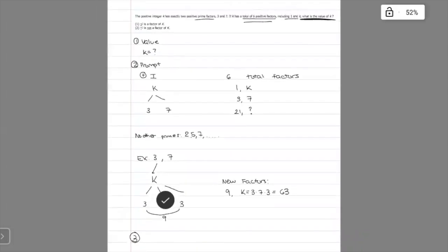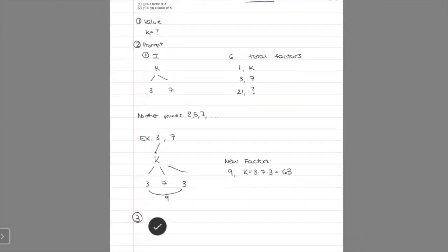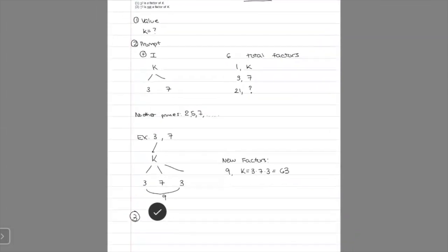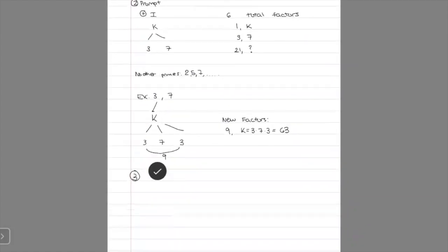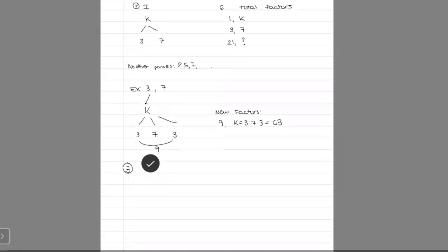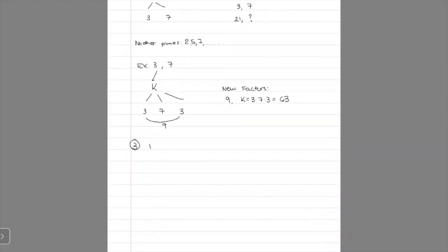So if we look at the statements, they're pretty similar, so we can just start maybe with the first one. They say 3 squared is a factor of k. So that means that you have 3 to the 2. So you have 2 3s essentially in the prime factorization.